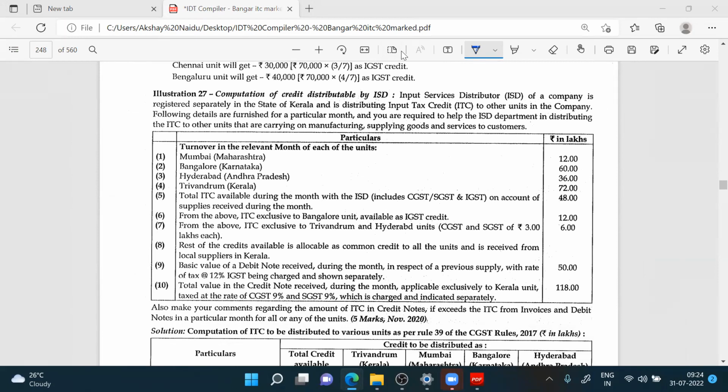Whatever doubt you have with respect to 26, send me on Telegram, I have already told the time, 10 to 10:30. Move to 27.